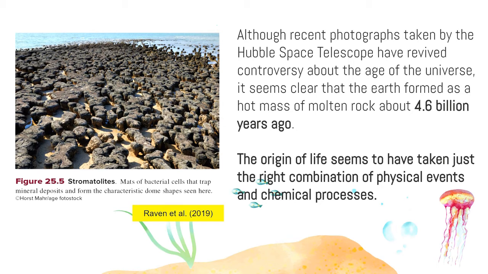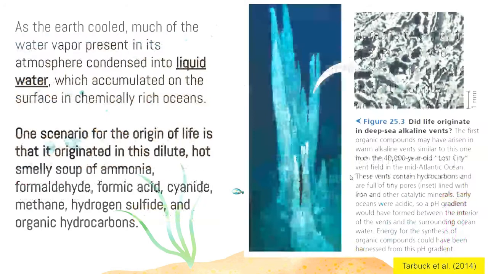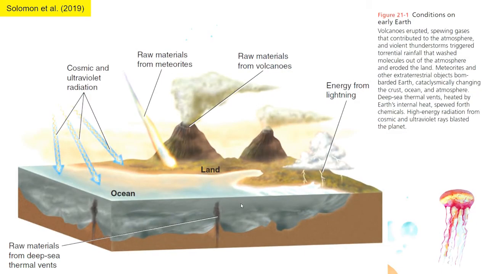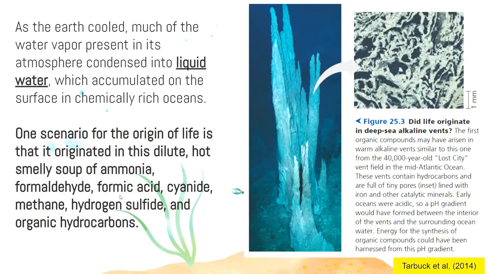Now, we can actually find stromatolites in Australia, and mats of bacterial cells are fossilized and trapped as mineral deposits in these stromatolites. So, what we're trying to say is that the origin of life, dating from these stromatolites, may have taken the right combination of physical events with chemical processes.